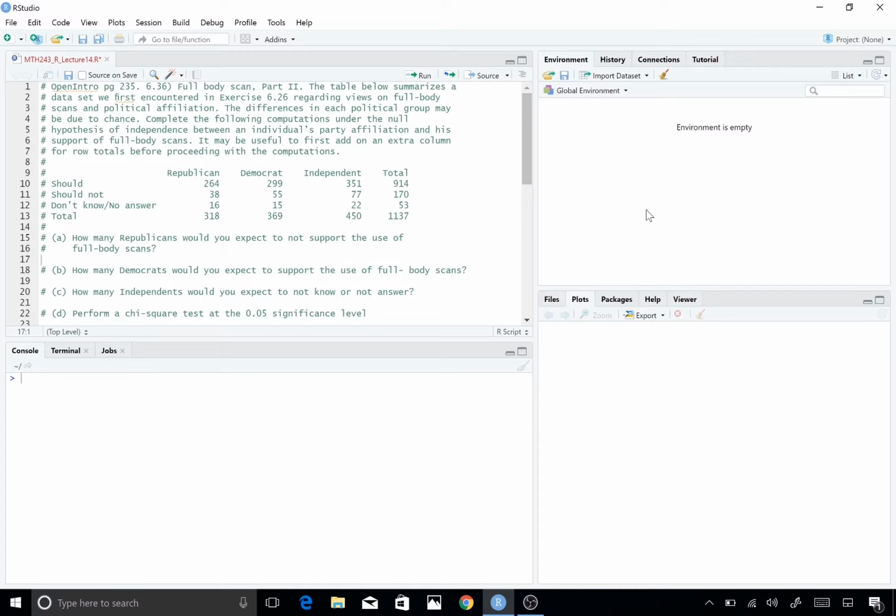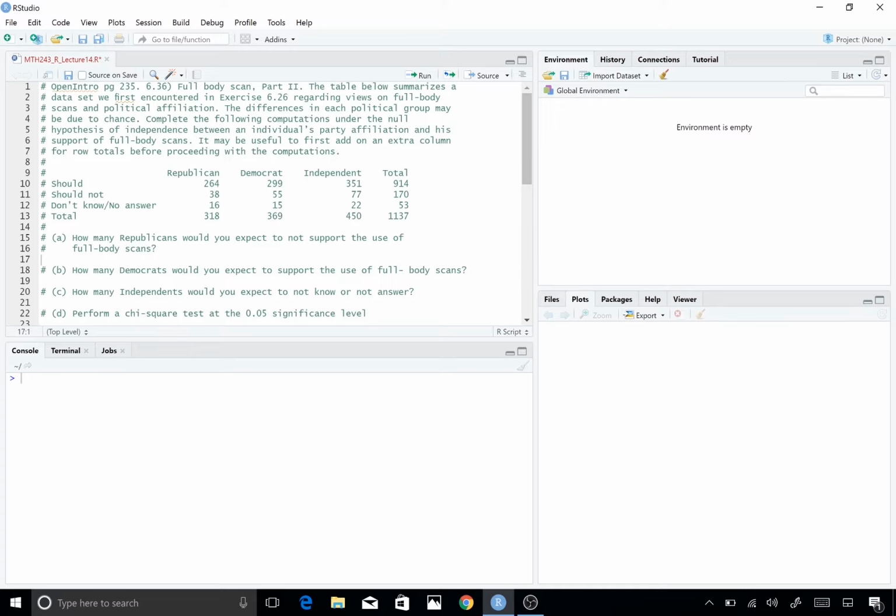First, we calculate the expected counts for these cells. Recall that the expected counts are the row total times the column total divided by the overall total. How many Republicans would you expect to not support the use of full body scans?